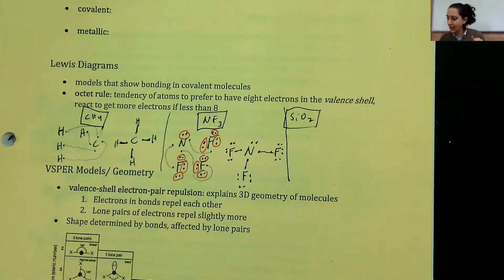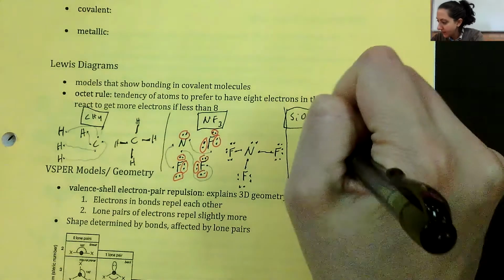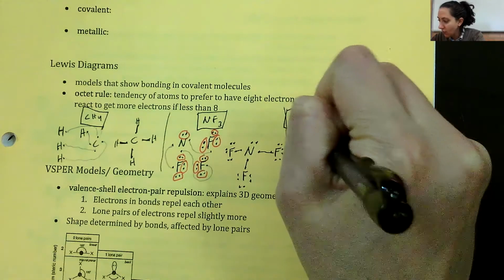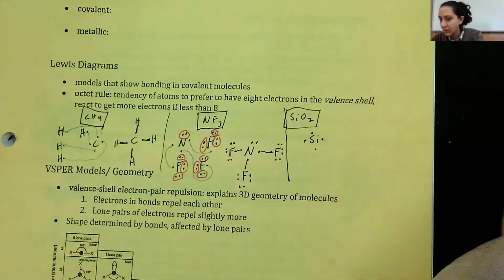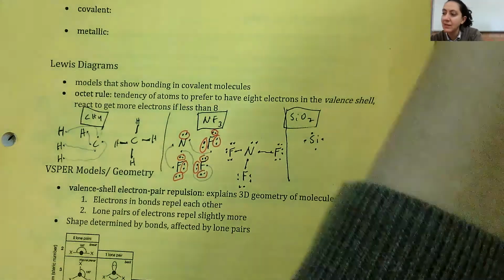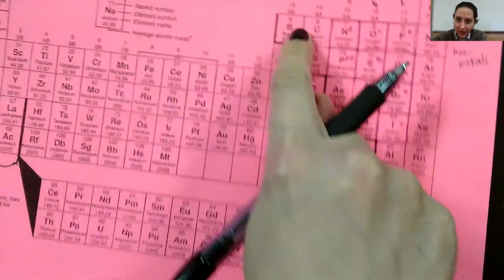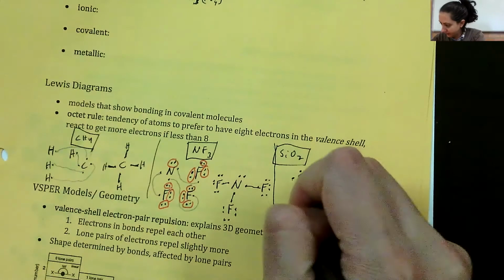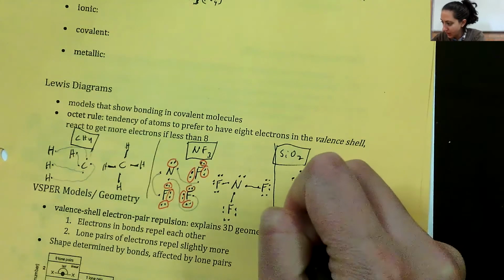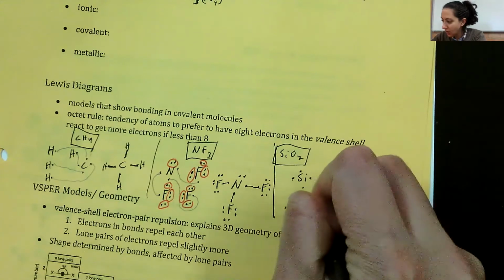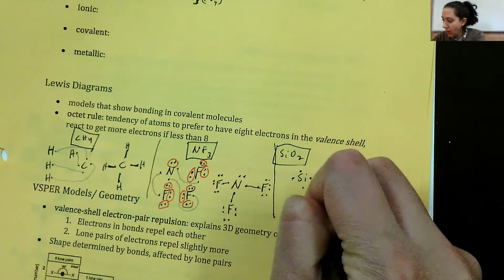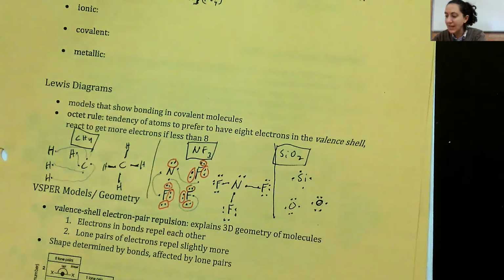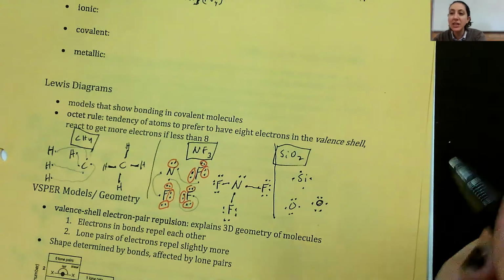Now let's try silicon dioxide. Now silicon has 4 valence electrons and oxygen has 6. I just know this, but you can see it right here. Silicon has 4, oxygen has 6. So another good strategy is to always put the one that needs the most electrons in the middle.